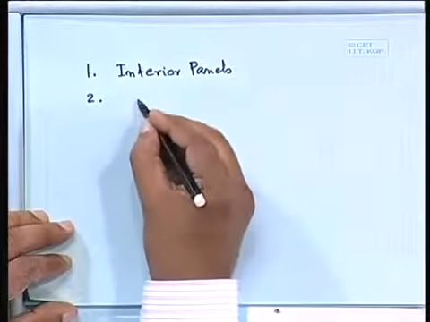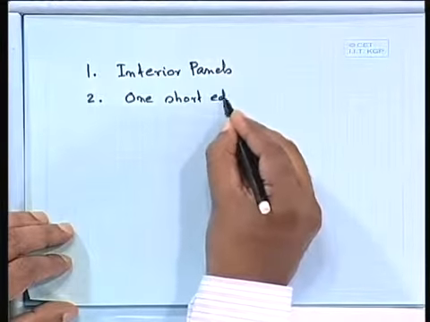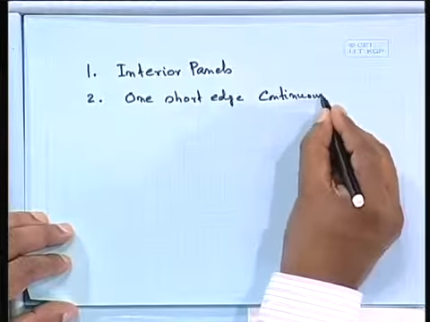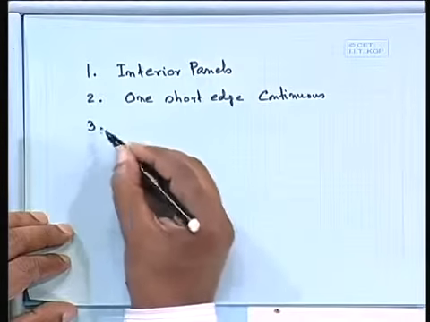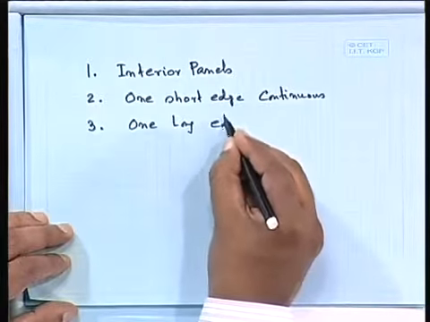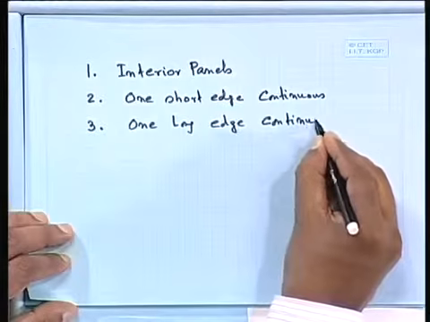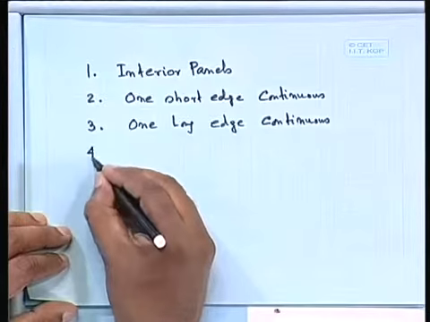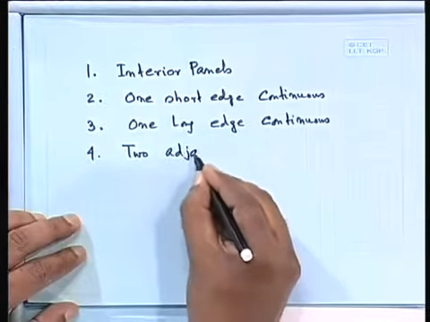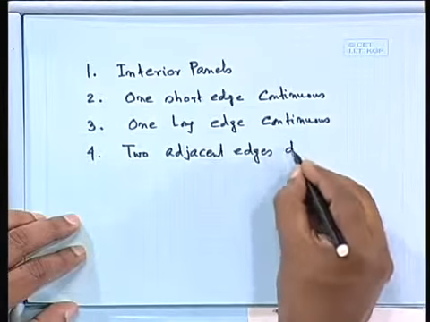Number 2, we have one short edge continuous. Number 3, one long edge continuous. Number 4, two adjacent edges discontinuous.